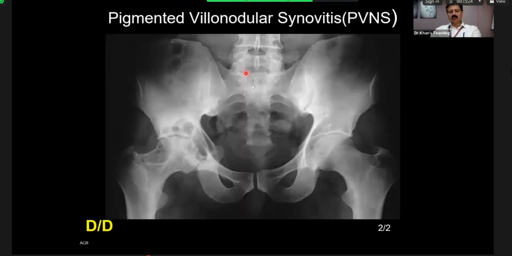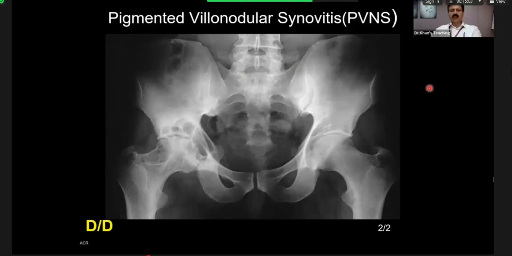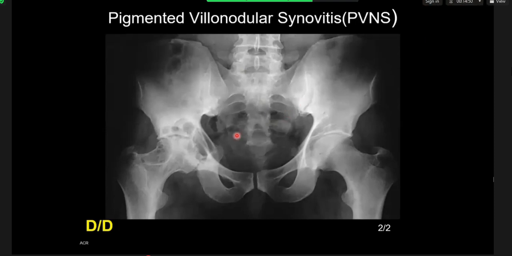and it produces a villonodular mass. And sometimes it goes into the bone. So there is osseous extension. When there is intraosseous extension, it can cause this kind of finding.